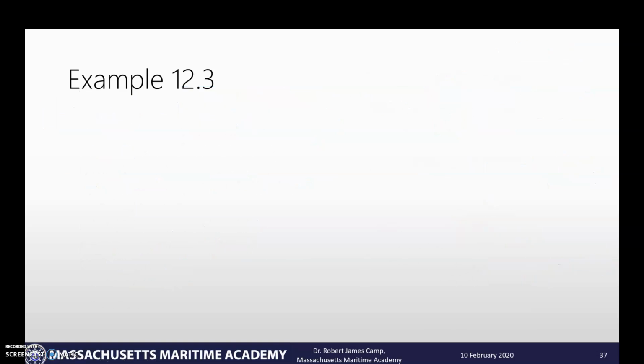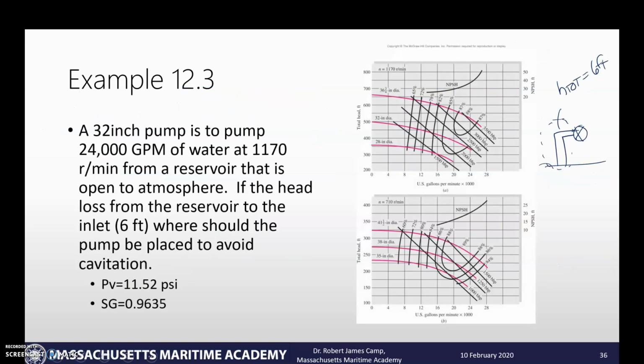How much is available? Let's go back up here and look. We're at 24,000 gallons per minute at 1170 RPM. Here we go, 1170. We roll that up, and that crosses about here. We can say that the NPSH required for this pump is about 37 feet.